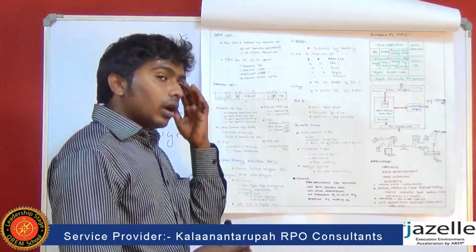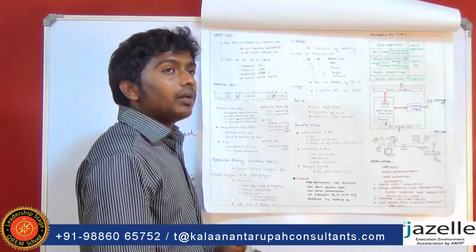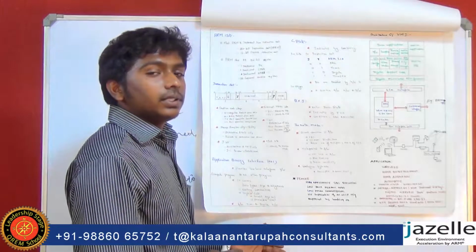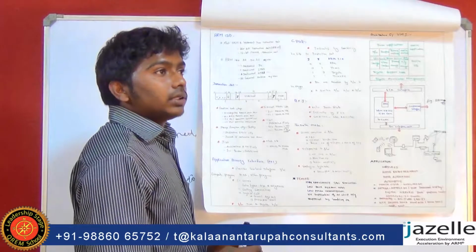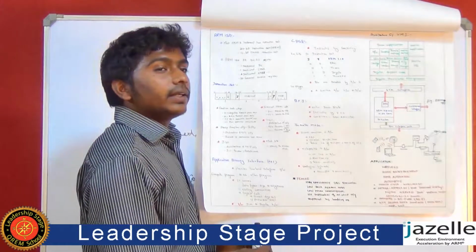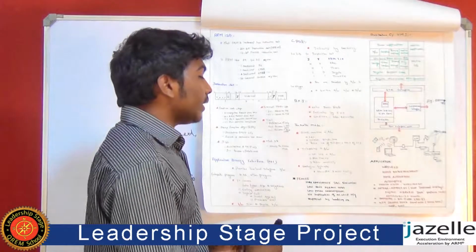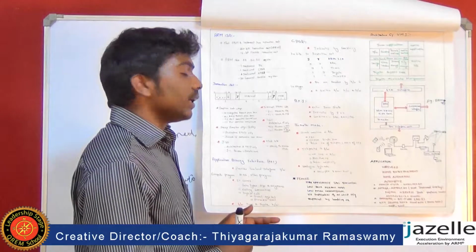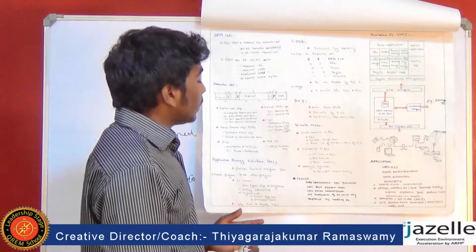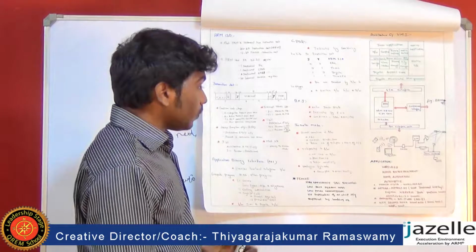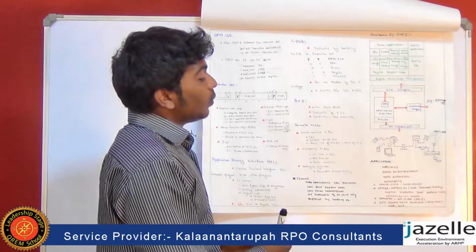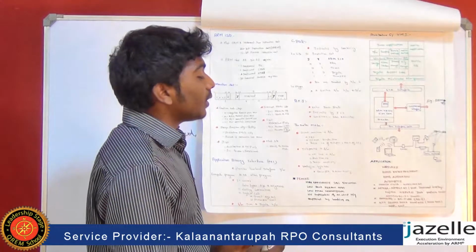And the undefined code. The undefined codes are the codes that are unknown or not handled by Jazelle, so it will indicate an error or give an exception. And the next is, it is widely used in new technologies.